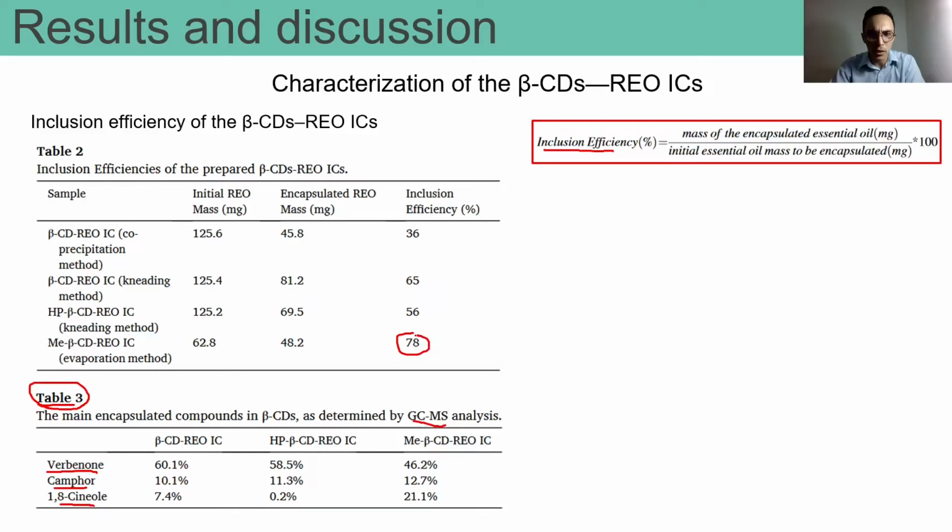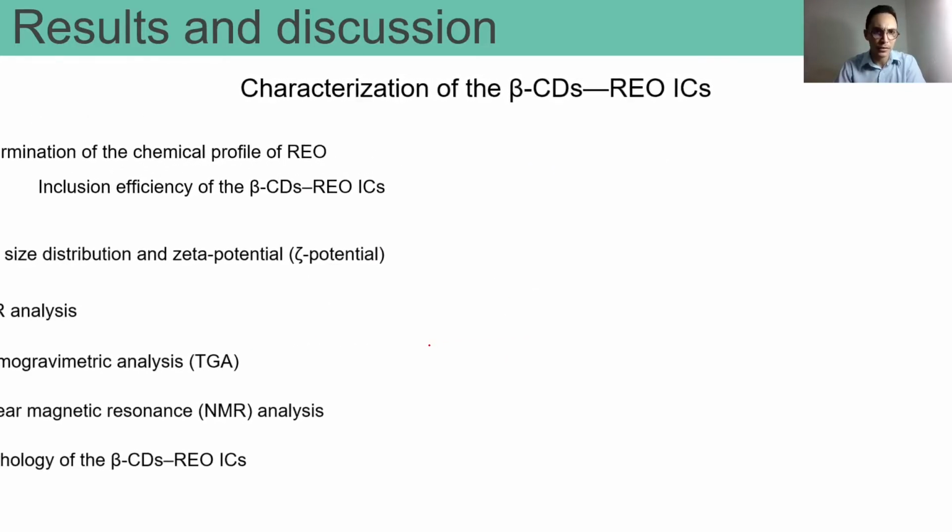The best one is the evaporation method for the inclusion complex. But I have a question for you. Is this evaporation method the best one because it got the better inclusion efficiency? Is that true? Let's see in the Q&A of this presentation.